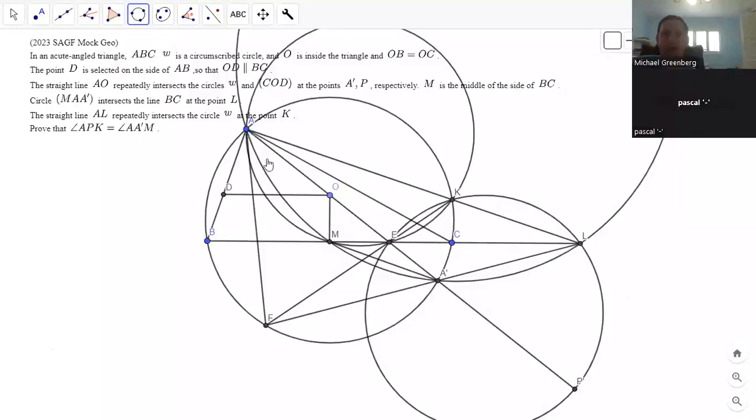Yeah, we could start by letting F be the foot of the median. Then we could pick an arbitrary point E on BC. If we intersect FE with the circle ABC, then is it obvious that this is cyclic?